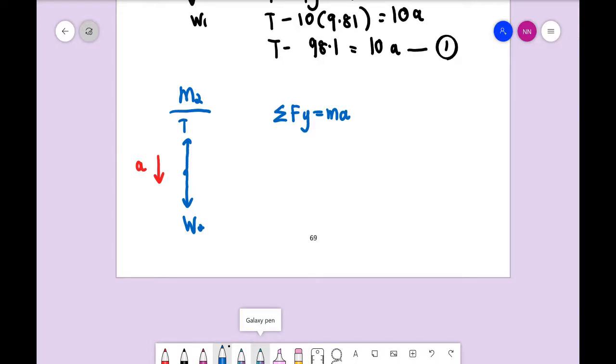Look at the arrow of weight 2 and A. It is the same, so weight 2 will be positive. And look at the arrow of tension and A. It is opposite, so tension will be negative. Okay, weight 2 minus tension equals M2A. Then we can simplify.